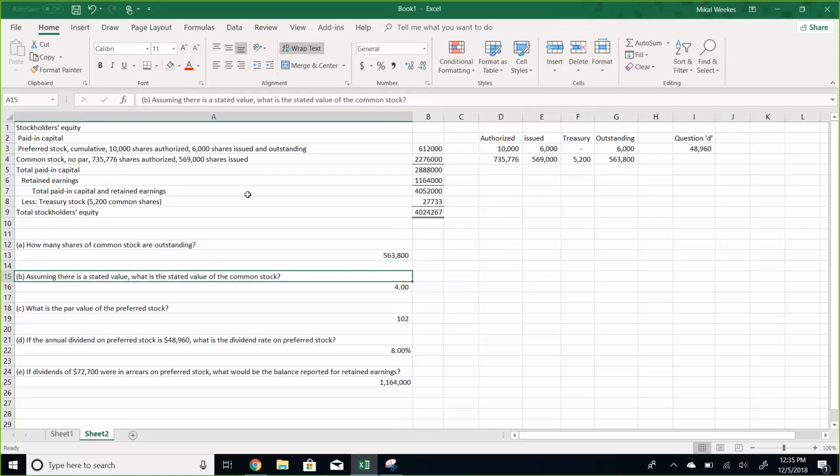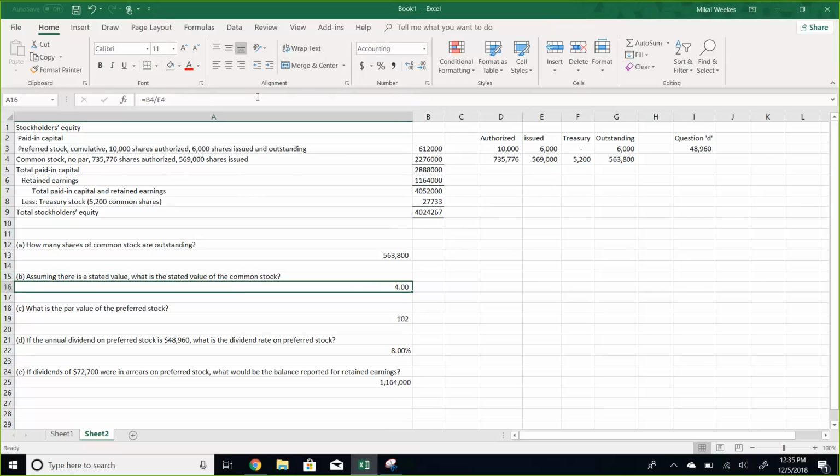Question number 2, it says, assuming that there is a stated value, what is the stated value of the common stock? Now you can see here that it says no par, but we do know that there is some value there. Just because there's not a par doesn't mean that there's not a stated value. Par would be what's in the company, what's it called? Not the books, the ledger, the document when they say this is par.